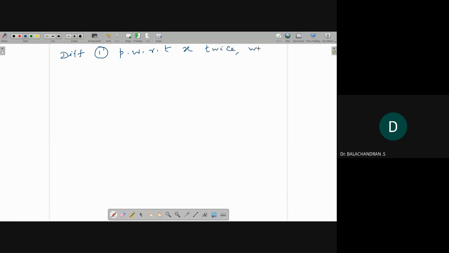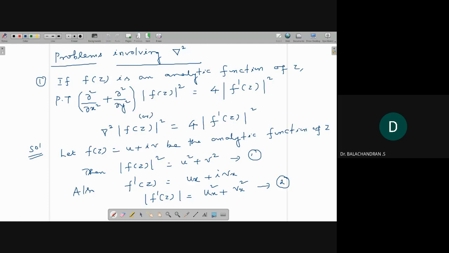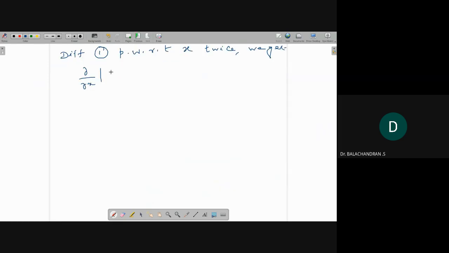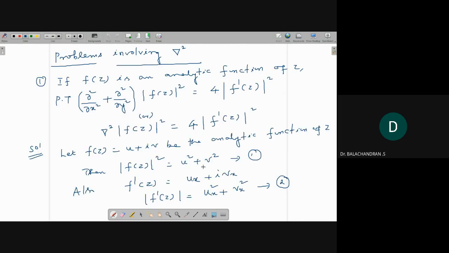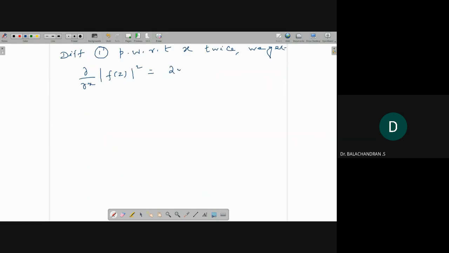First time, dou by dou x of the left hand side, modulus of f of z whole square. If you differentiate the right hand side with respect to x, you'll get 2u into dou u by dou x plus 2v into dou v by dou x. Okay, this is first time.